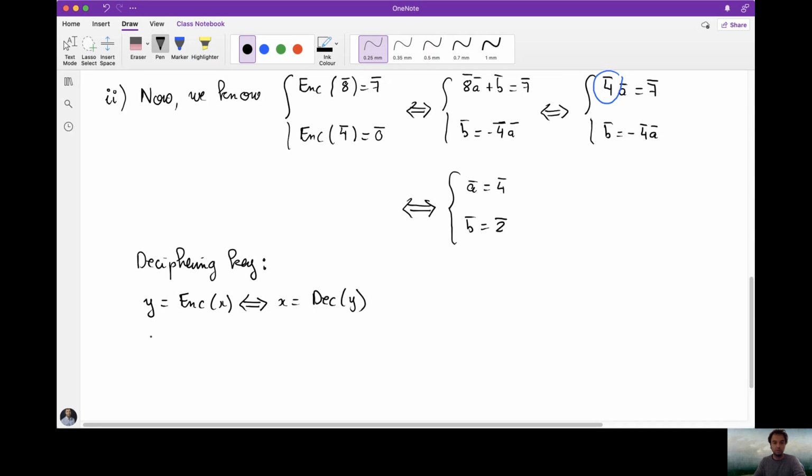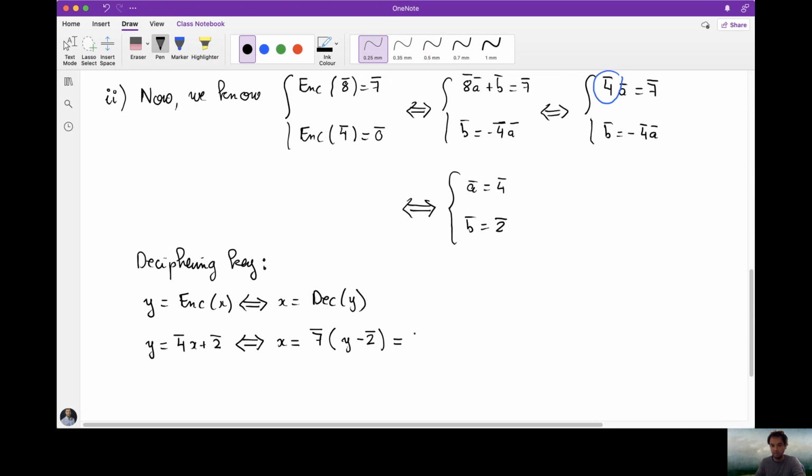And now we know the first part here. We know that y is equal to 4x plus 2 because we just found the enciphering key before, and now we can express this on the other side, which means that x is equal to the inverse of 4, which we said was 7, multiplied by y minus 2.